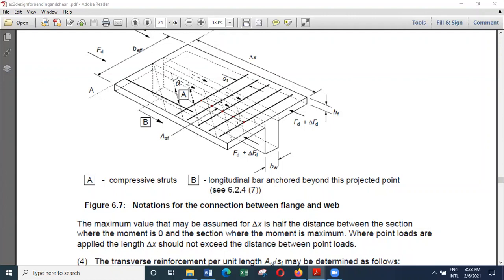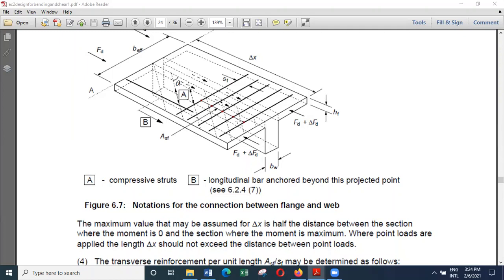So there are three things you have to decide. First thing is, whether the flange concrete can crush due to this particular shear, which is very unlikely, but still you have to check it.